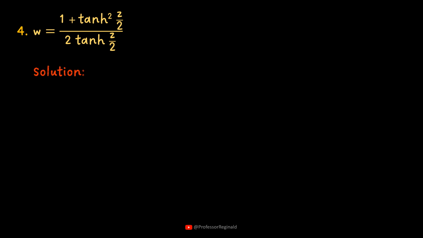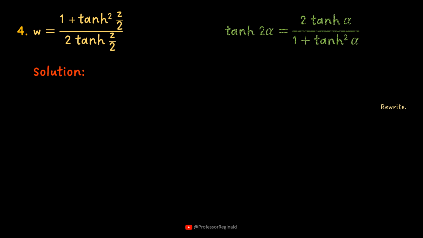Number 4. W equals the quantity 1 plus the square of hyperbolic tangent of z over 2 all over the quantity 2 times the hyperbolic tangent of z over 2. Solution. To simplify the differentiation process, rewrite W using a double argument identity, where alpha equals z over 2.